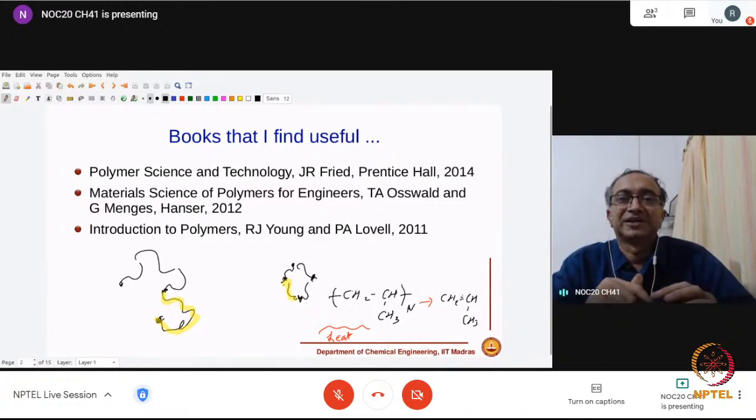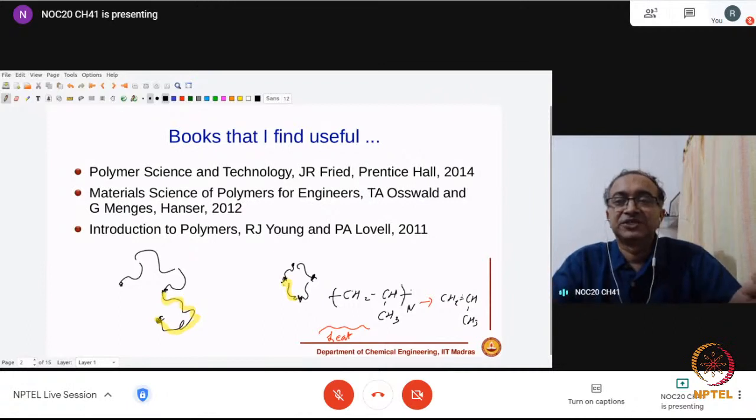So this is depolymerization. Basically, the bond which is formed, covalent bond between different propylene molecules, it can break.